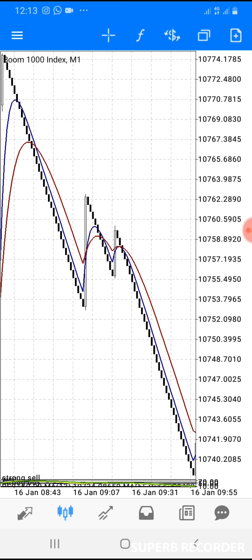Let's say I start with $1,000. If you have an account with $1,000, you put the lot size as 25. The profit from one bearish candlestick will be $10, right?